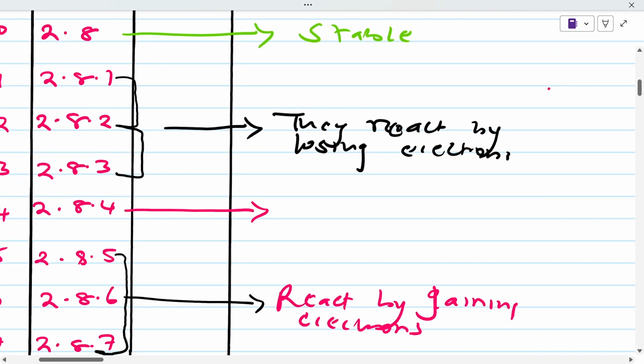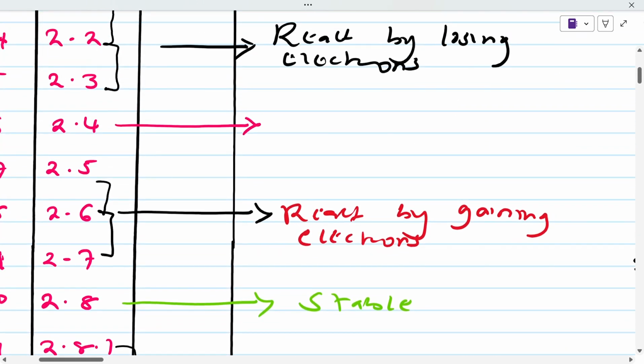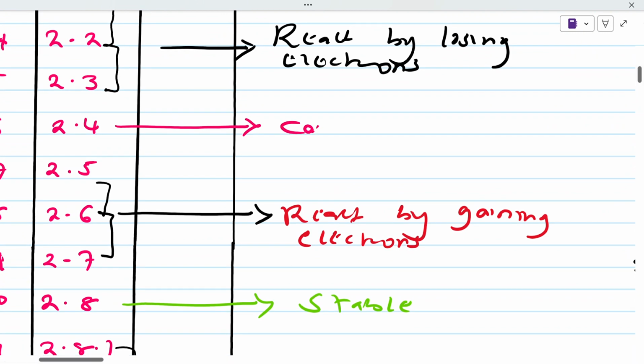So meaning this one can gain or lose in a reaction. This one also can gain or lose in a reaction.